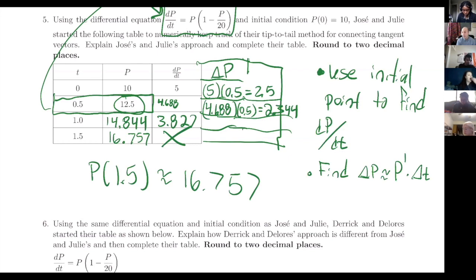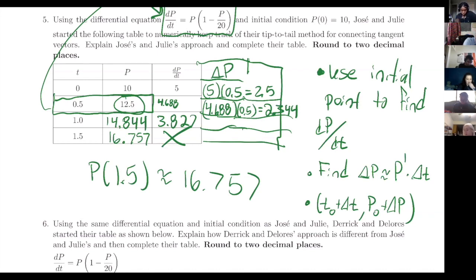Then we find the change in P by taking the derivative and multiplying it by the change in time. And then we get our next point by adding delta t to our initial time, and we calculate our next population by adding delta p to our initial population.